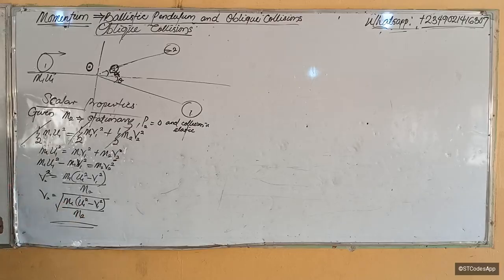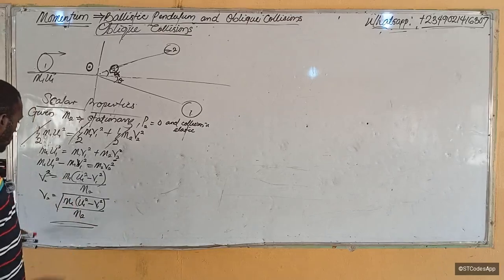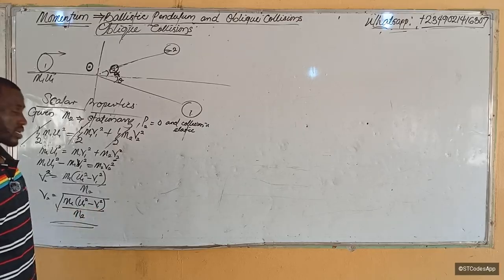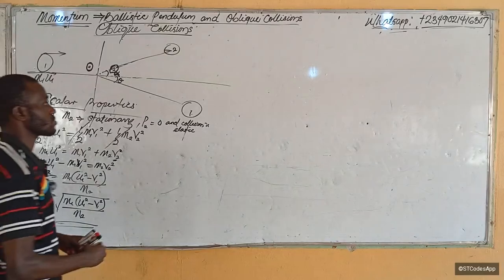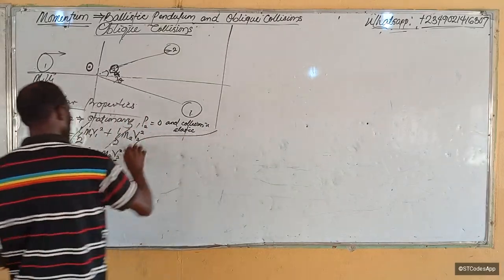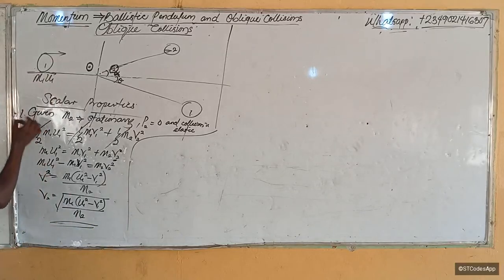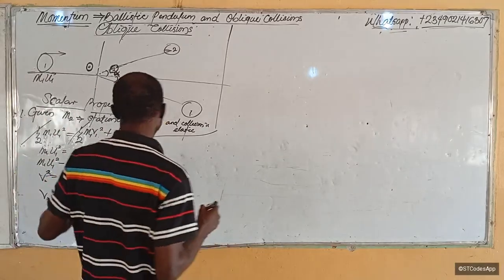Okay, this is one equation. And if m1 and m2 are equal, this cancels out, and v2 becomes the square root of this. All right. So this is case 1 where m2 is stationary. We are still looking at case 1 where m2 is stationary.